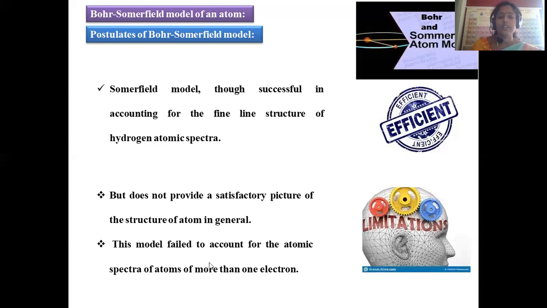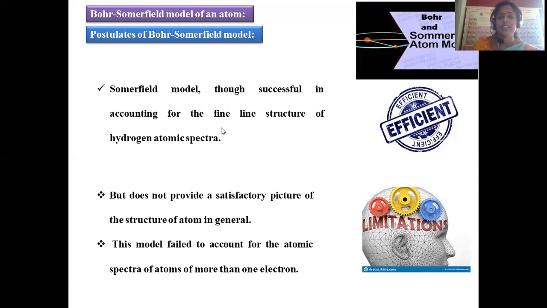These are the limitations, but the efficiency of this model is that it is able to give the entire explanation of why the splitting of spectral lines is possible in the case of hydrogen, even under high resolution. How many lines are observed, and what is the exact reason for that, is clearly explained by Sommerfeld. But it fails to explain the general atomic structure, and may not be applicable to all the atoms present in the periodic table. So we have to move on to another modernization of the atomic theory.